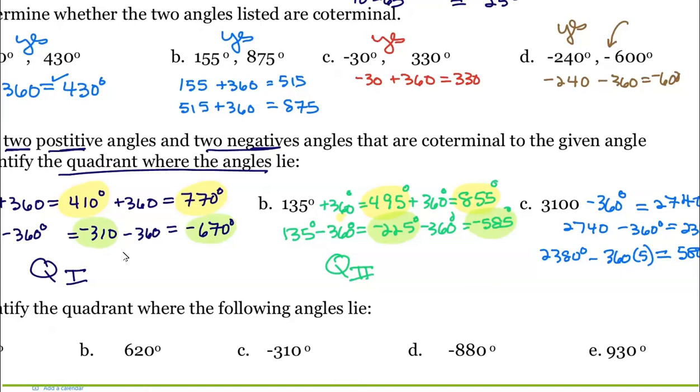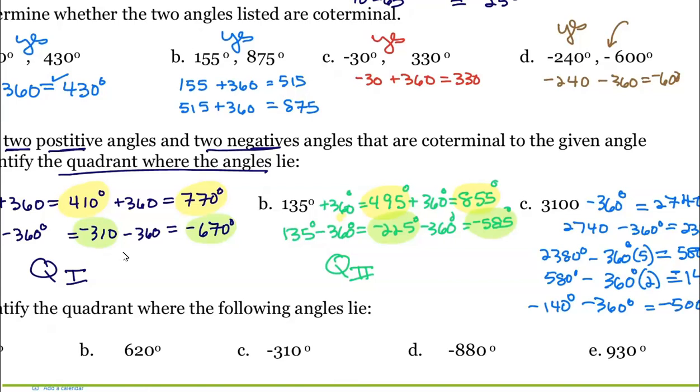So let me subtract 360 2 more times. Okay, so I take my 580 and I subtract 360 times 2, and that gets me negative 140, which is my first negative coterminal angle. Then take your negative 140 and subtract 360 from that. That gets me negative 500.